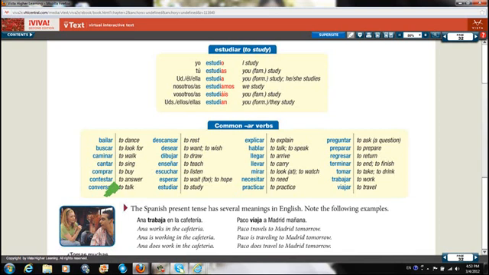Tú conversas con un amigo. Or let's say you guys are talking with a friend. We want the ustedes and the AN ending. Ustedes conversan con un amigo.